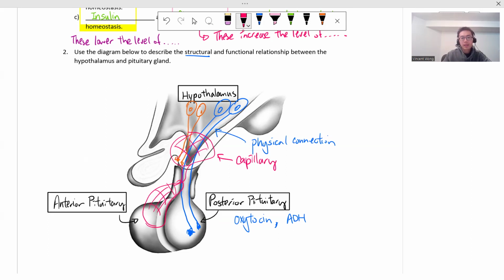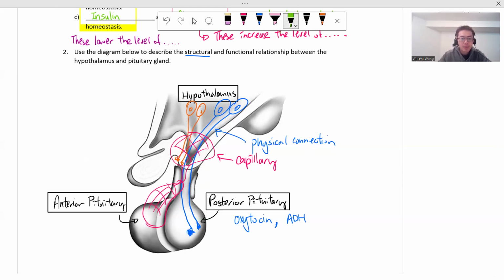So when the hypothalamus releases the releasing hormone or the inhibiting hormone, it will go into the capillary network right here, and immediately it gets distributed to the anterior pituitary. So it's really quick control, exerted on the AP.